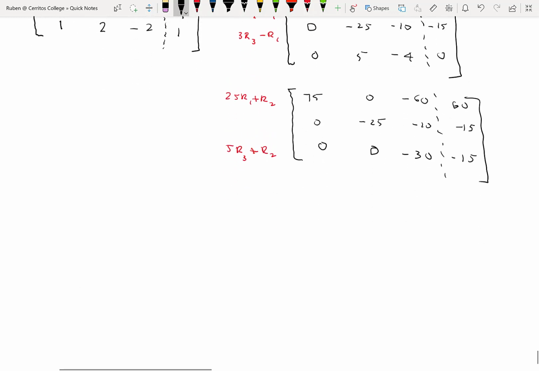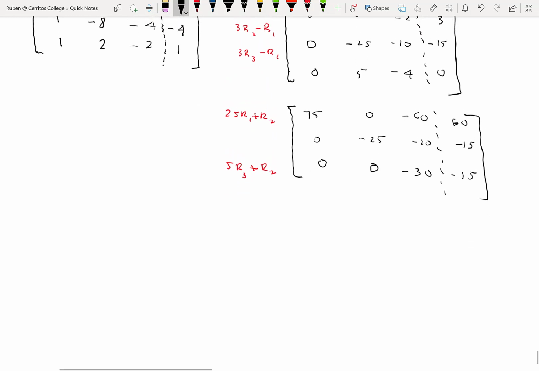Okay, what's the next step? I see that negative 30 in the third row. I'd like to get it to be by itself, or specifically, what I mean by that is I'd like to have that remain, and I'd like zeros to appear above it.